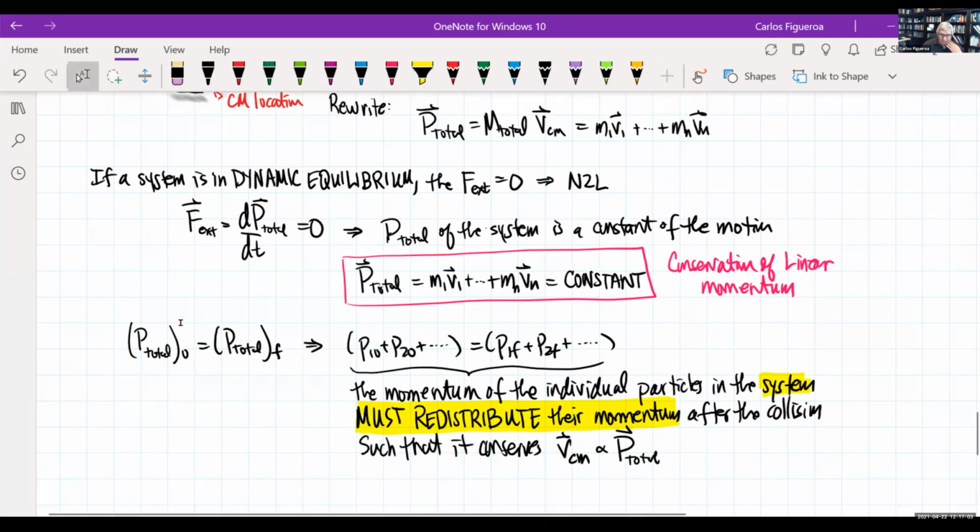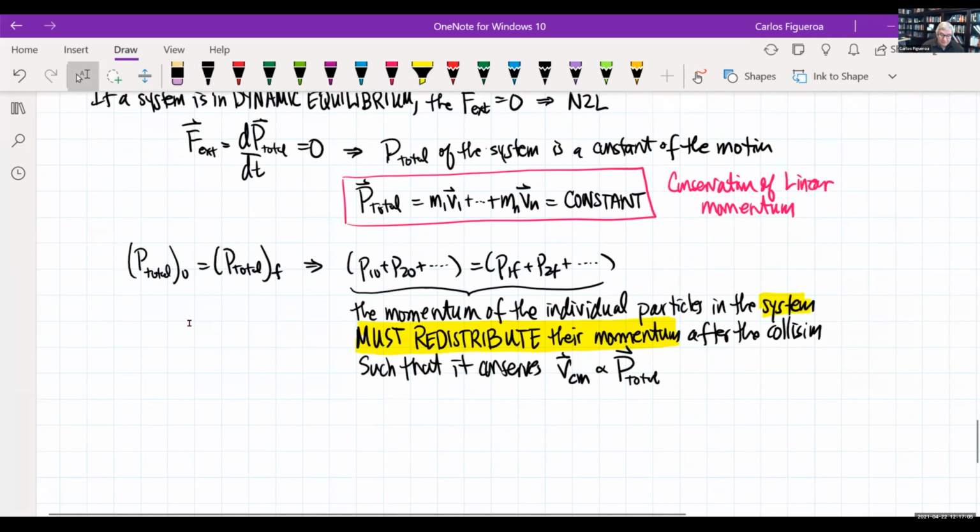So what I want to do here is show you an applet. I want to show you what is known as a PhET applet for one-dimensional collisions.